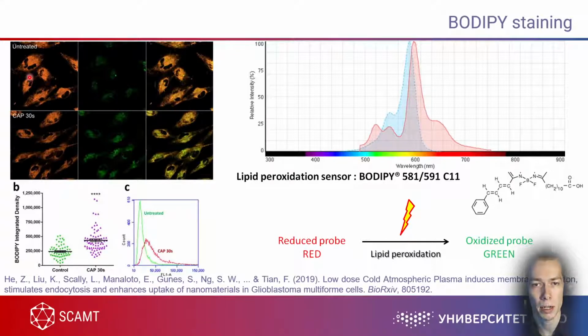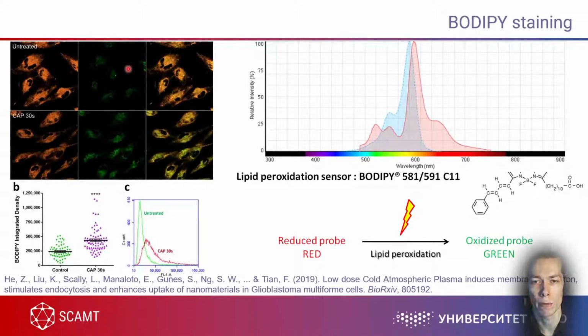So untreated cells have a very low signal of lipid peroxidation, because anyway there will be some damaged lipids inside your cell. As I mentioned in one of the previous lectures, there are always some reactive oxygen species inside your cell. It's just a normal part of cell metabolism.